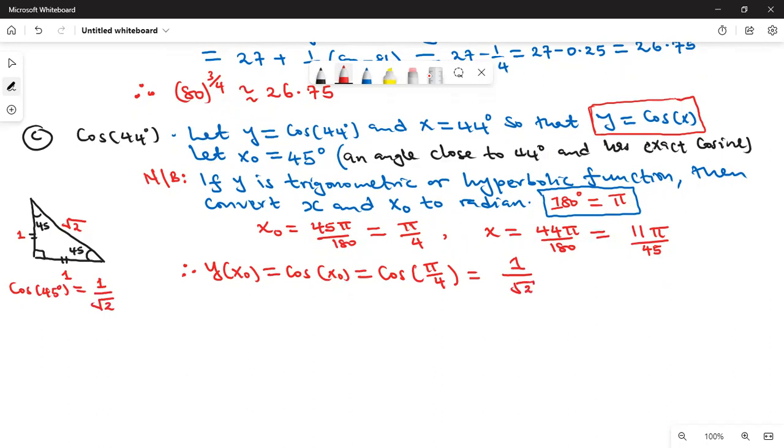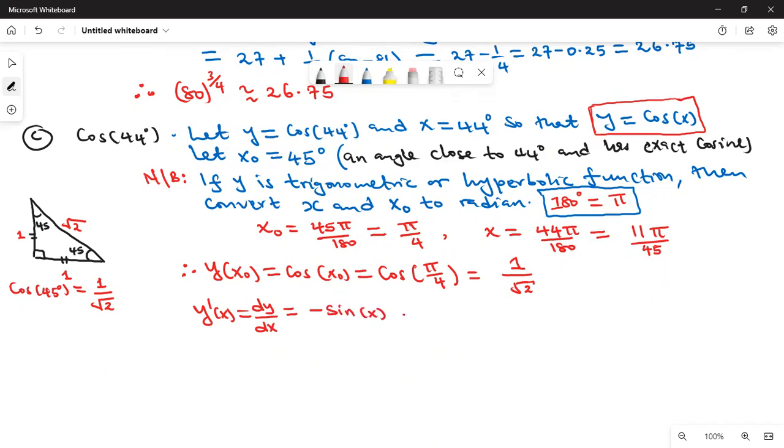What else do I need? I need y prime of x. Y prime of x is the same as dy/dx, which is equal to, differentiate cosine, you get negative sine x.